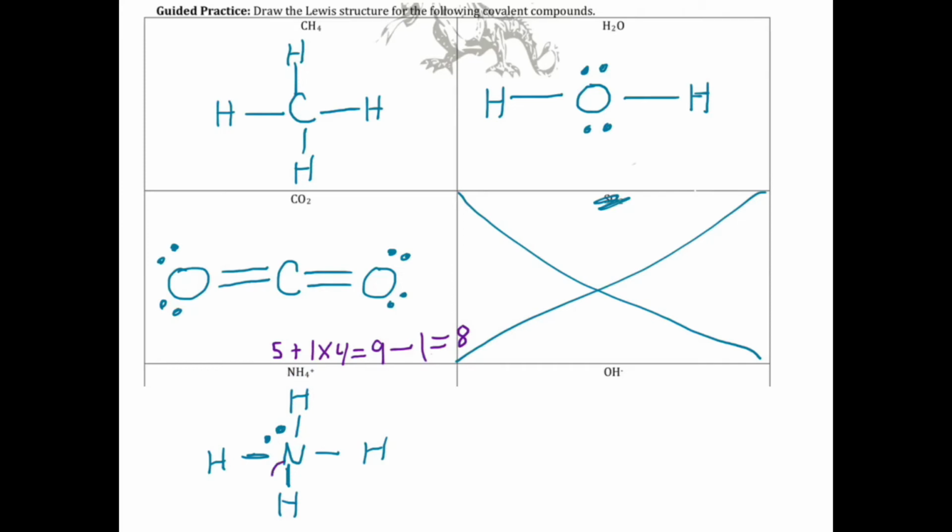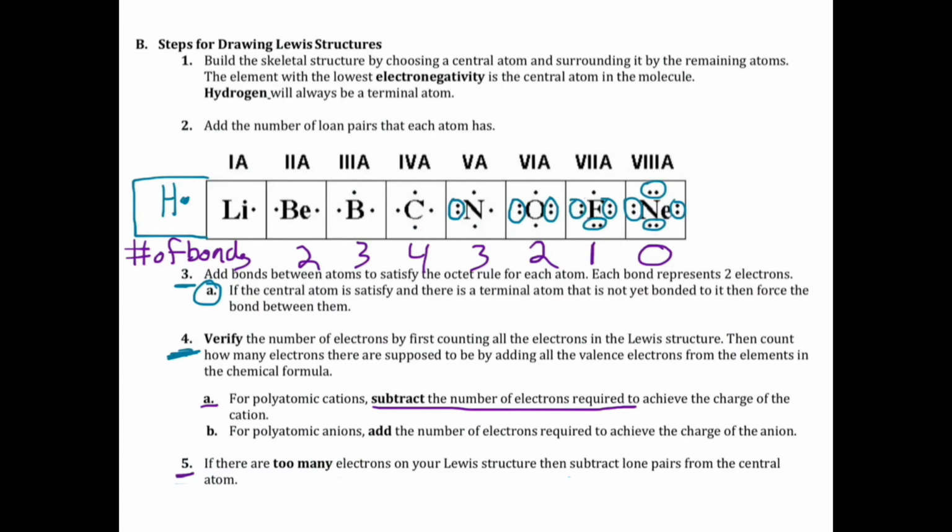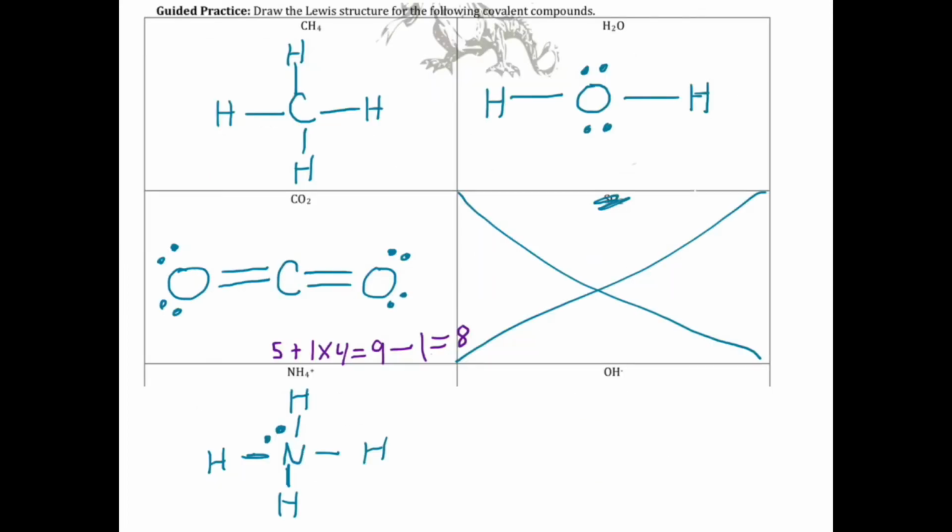So let's go ahead and take a look. We have 2, 4, 6, 8, 10. There's 10 valence electrons. If there are too many electrons, then what you need to do is subtract lone pairs from the central atom. So if there's too many electrons, you subtract lone pairs from the central atom.